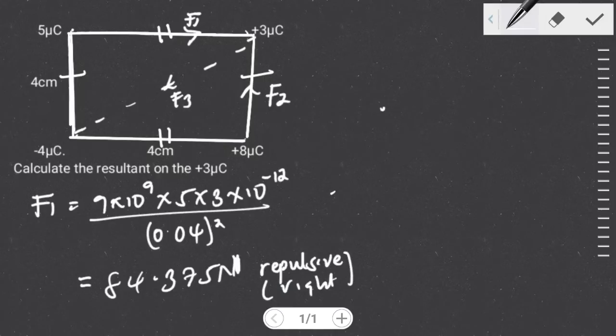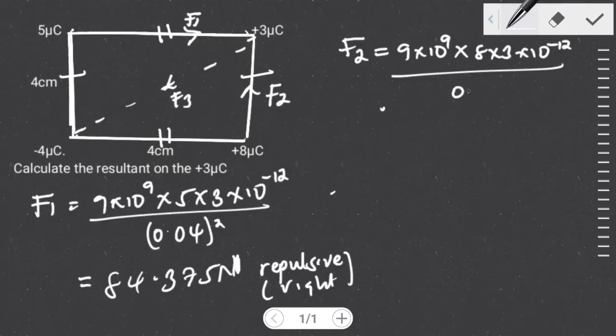And then after that, let's work out force 2. Force 2 will be equal to 9 times 10 to the power 9 times the charges between 8 and 3 times 10 to the power negative 12, all over the distance of separation, which is 0.04 squared.